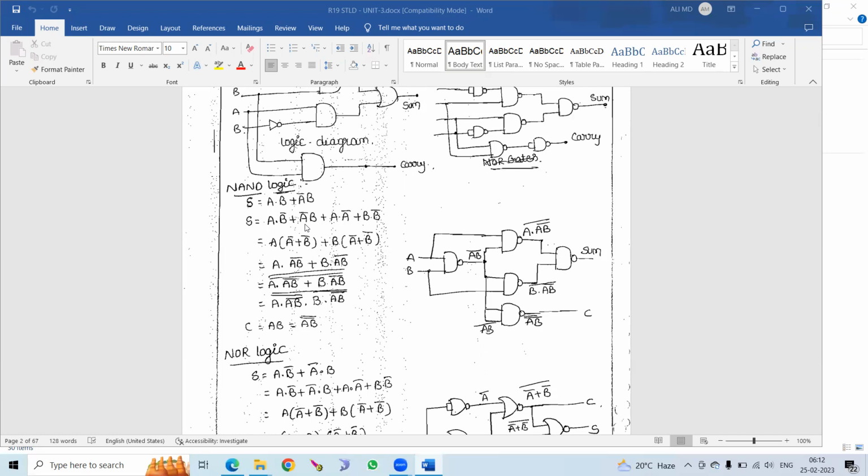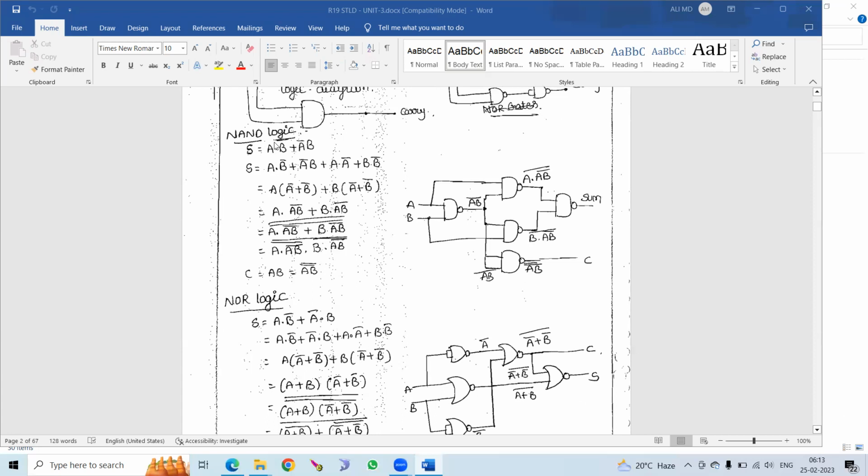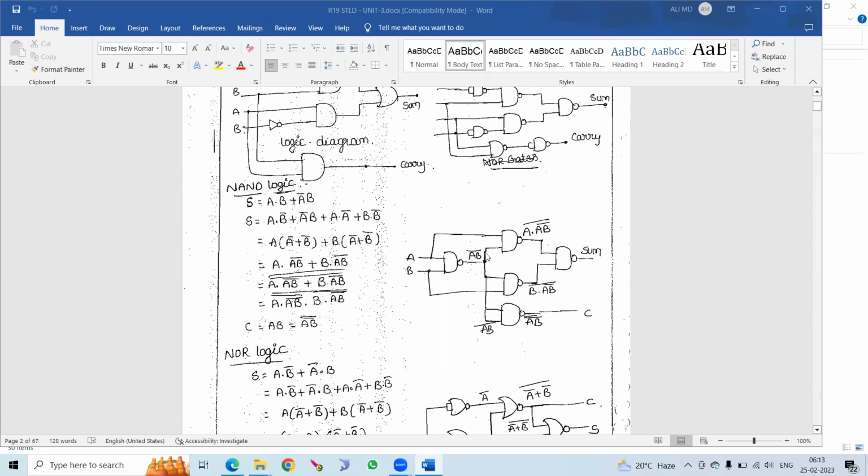Using the Boolean algebraic laws, the Boolean function by using the axioms and the theorems can be written as the sum in NAND logic format. Only in the NAND gate representation, it can be obtained by this Boolean expression.